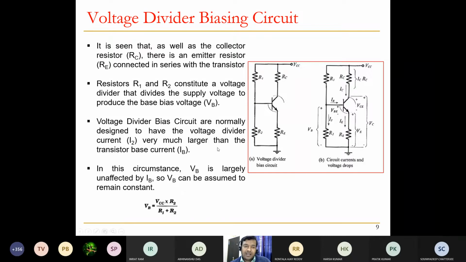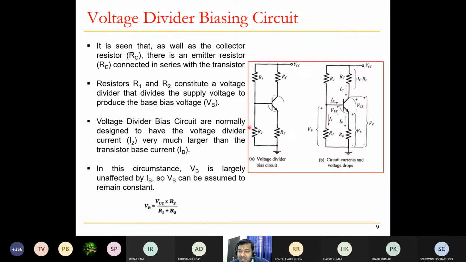So it can be seen that as well as the collector resistor RC, there is an emitter resistor, that is RE, connected in series with the transistor. They are connected in series, as you can see. Then the resistors R1 and R2 constitute a voltage divider.